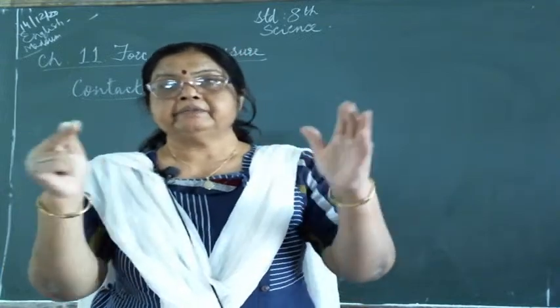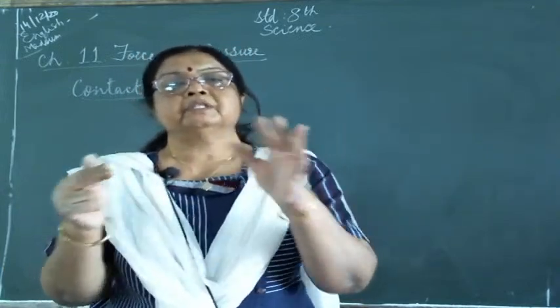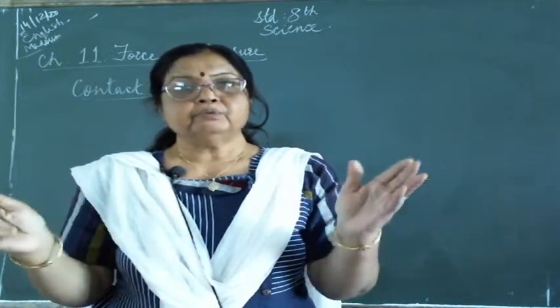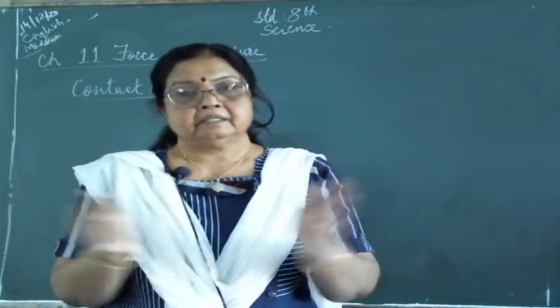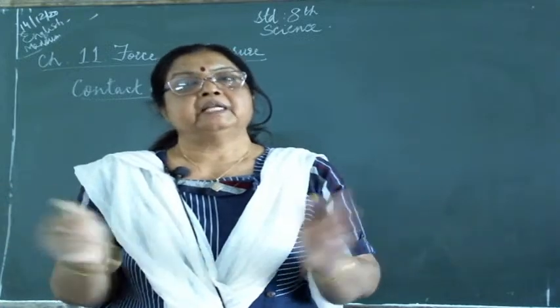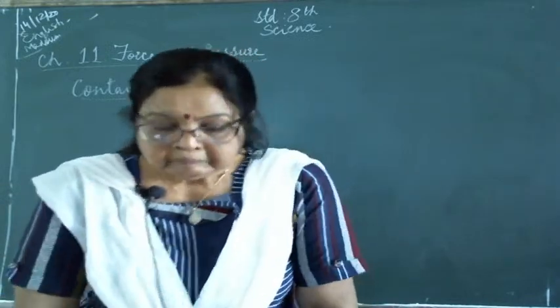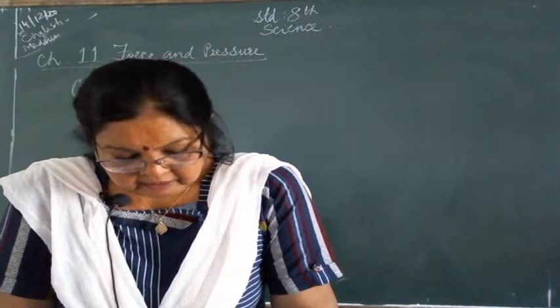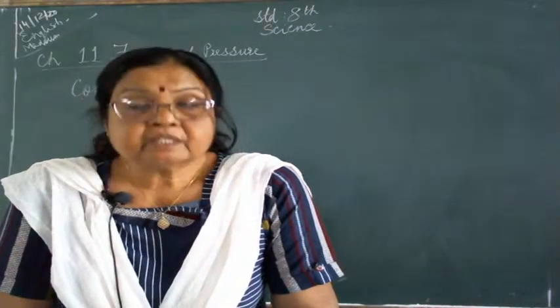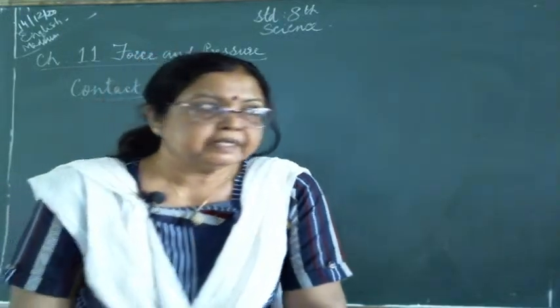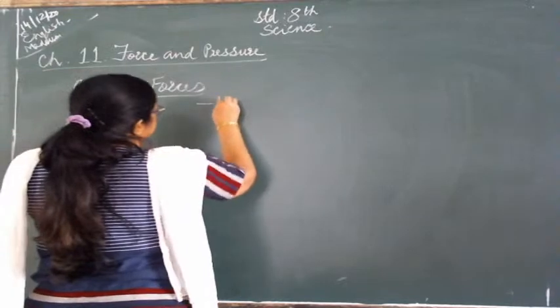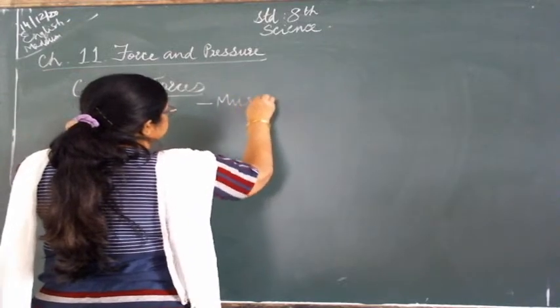In the alimentary canal, the food is pushed and pushed. Food is mixed with the motion of the alimentary canal. That is because of the muscular force. The first example of contact force is muscular force.